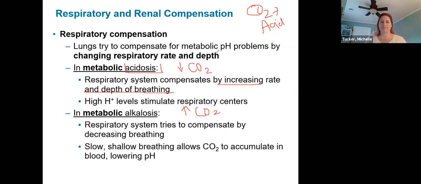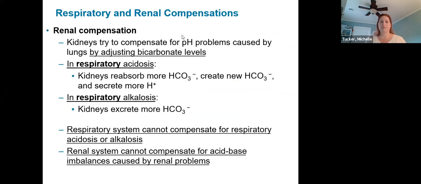For renal compensation, bicarbonate is a base. So the kidneys will try to compensate for pH problems by adjusting bicarbonate levels. In respiratory acidosis, it's acidic, you need the blood to become more basic.